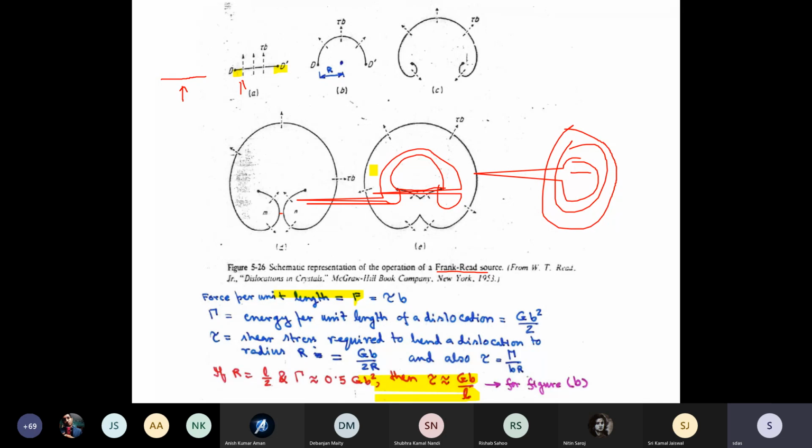The same volume of precipitate, if of very small size, is uniformly distributed in the matrix, which results in the distance of separation between them being as small as possible, the small L. That becomes small and it is in the denominator. The ratio will be much higher, tau will be much higher, and it will be more difficult to deform.